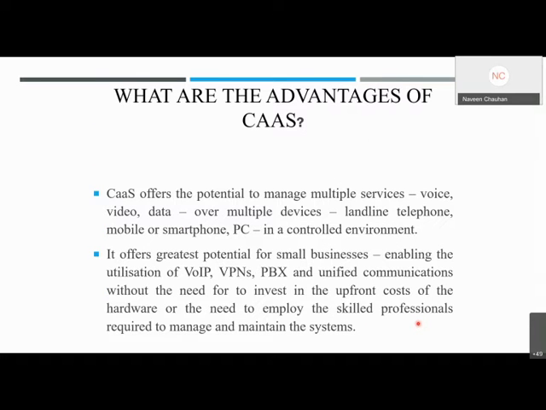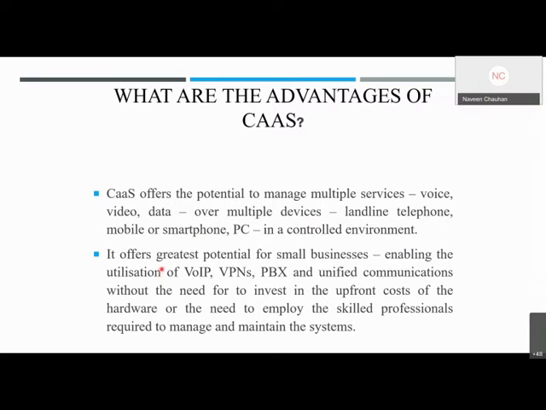What are the advantages of communication as a service? Some of the advantages I've already quoted, particularly during this pandemic time. Formally, communication as a service offers the potential to manage multiple services, whether voice, video, or data, and multiple devices, whether landline telephone, mobile, smartphone, or PCs, in a controlled environment.